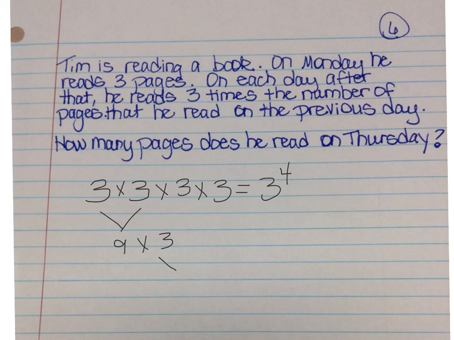Now you don't have to write this out this way. It's okay. So we have 27 times 3, and that will give you 81. You don't have to write it out like I just did, but I was just showing you how sometimes I do it. 3 times 3 times 3 times 3. Okay, so he reads 81 pages by Thursday.